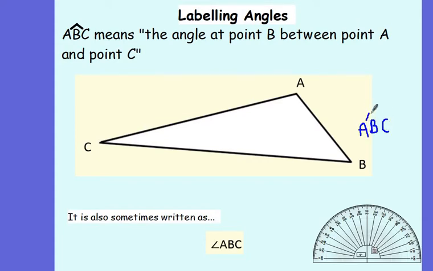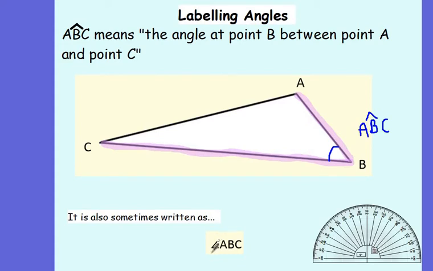So the angle we're talking about when we hear the name ABC is the one that starts at A, goes through B and finishes at C. So we're starting here, we're going through B, and we're heading all the way over to C. So it's this angle here at point B, that middle letter.